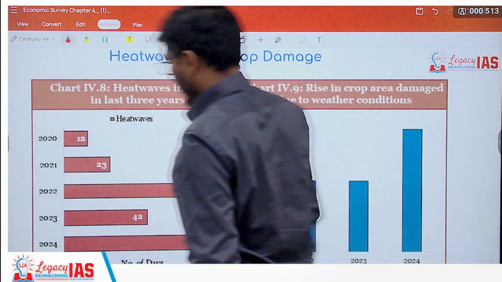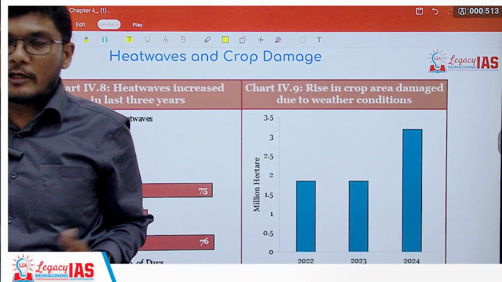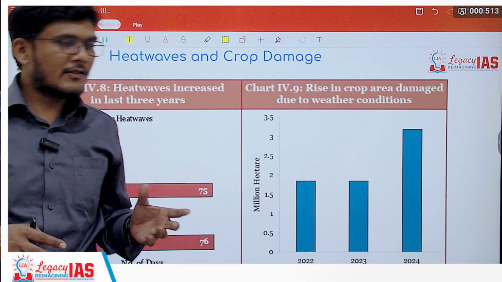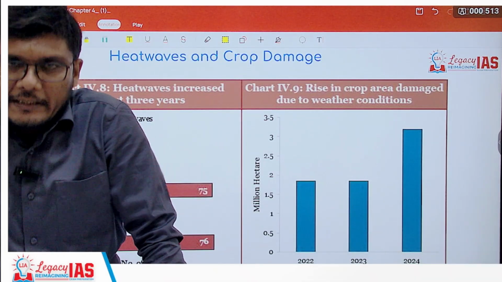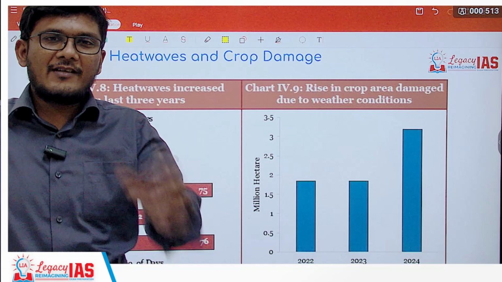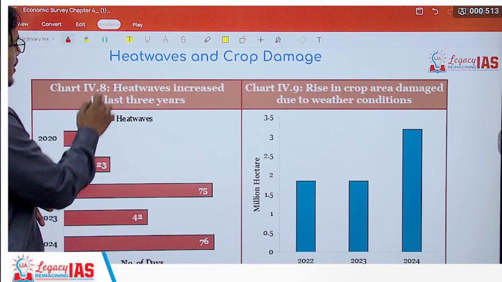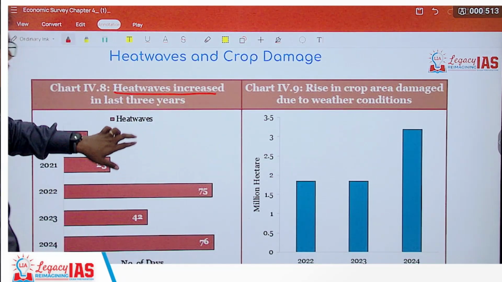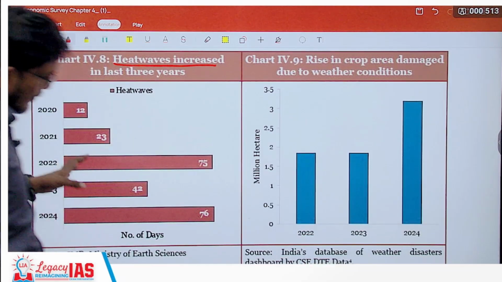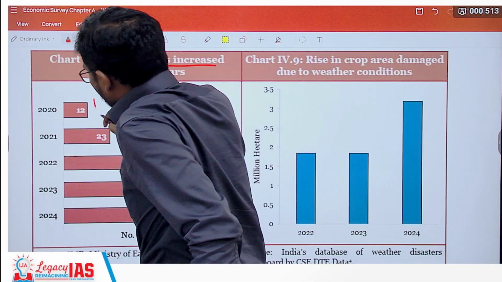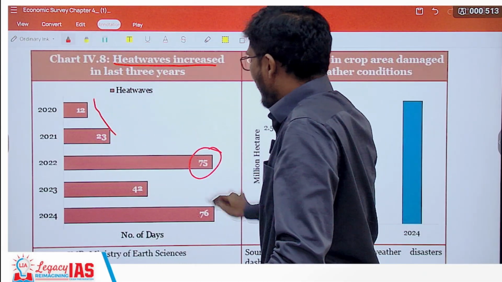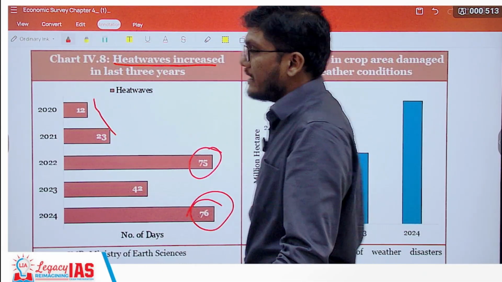Now that would probably be happening because there is a reduction in production. Why? Climate change is one such factor. In fact, one of the most important factors, and in climate change, the heat waves. The heat waves have increased in the last 3 years. The incidence of heat waves went from 12 in 2023 to 75 and presently 76 heat waves.